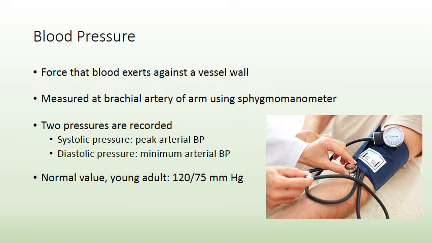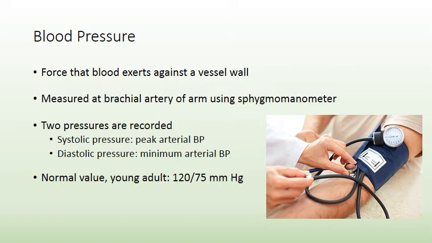Systolic is the peak arterial blood pressure that is taken during ventricular contraction. So during ventricular systole is where we're going to get that really big peak blood pressure number. The diastolic pressure is going to be the minimal arterial blood pressure taken during ventricular diastole, or between heartbeats.